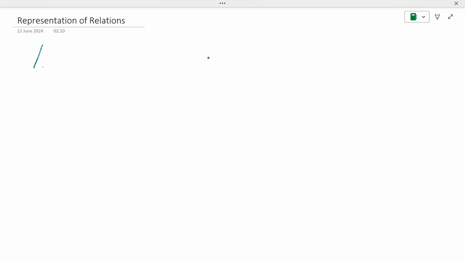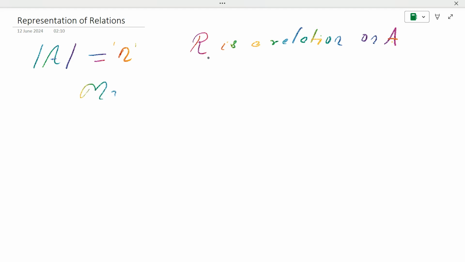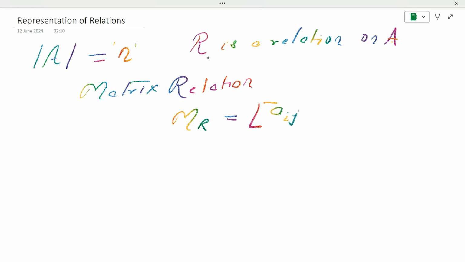So let's say we have a set A and the cardinality of set A is n. And let's say R is a relation which is defined on set A. Now, if we represent the matrix relation, in a matrix relation we are representing each element of the relation.